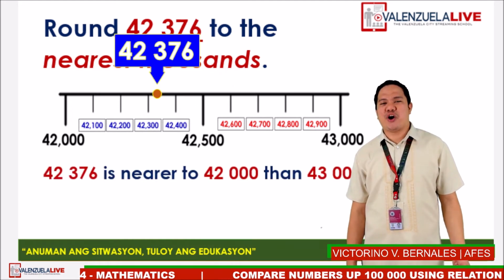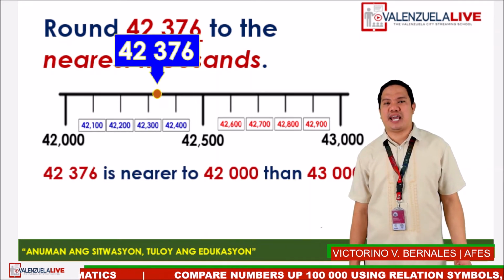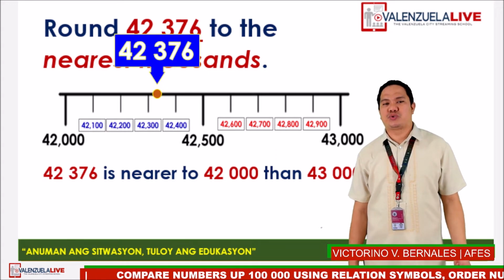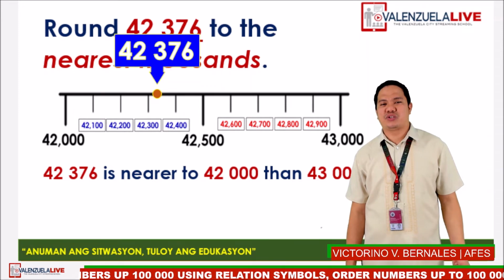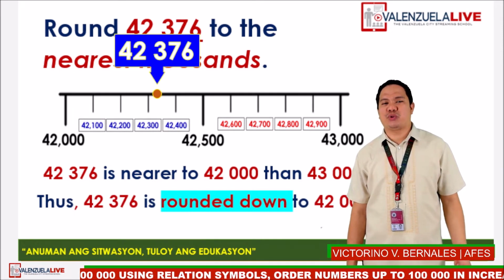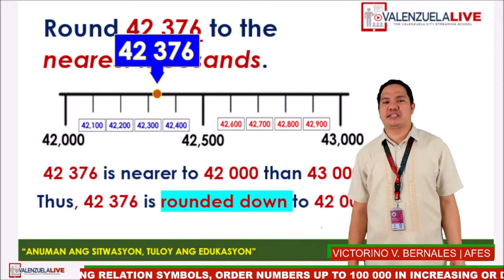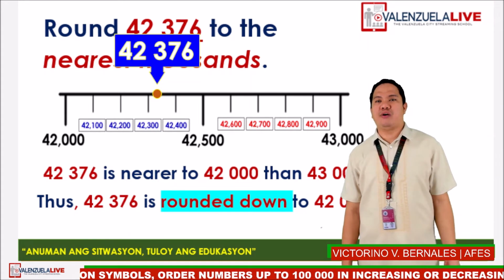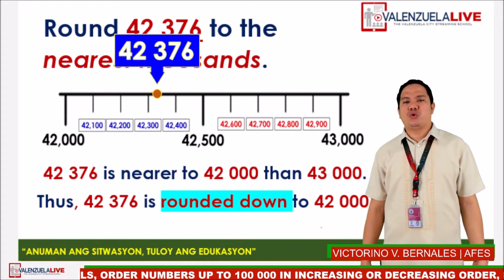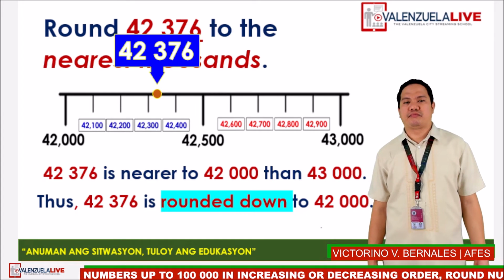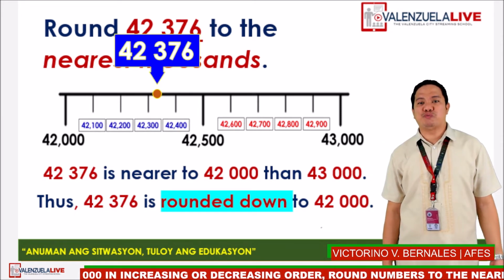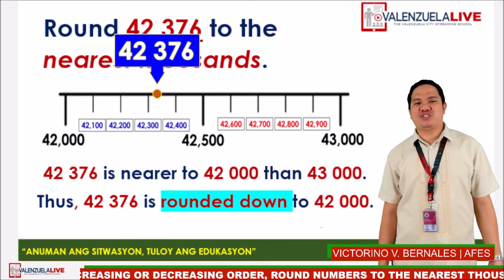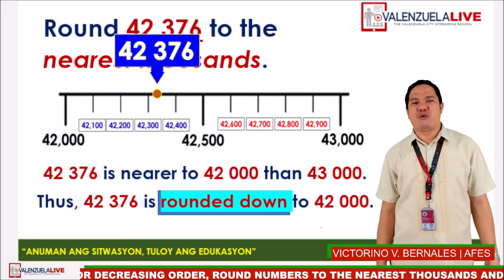Meaning, 42,376 is nearer to 42,000 than 43,000. So therefore, 42,376 is rounded down to 42,000. Again, the process of rounding a number to a smaller number is what we call round down.